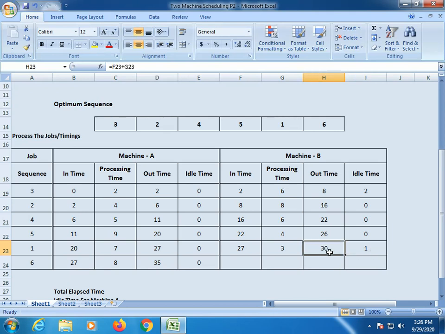Okay, here at 30 hour the machine is ready, but at 30 hour we don't have a job to perform. So what do we have to do? We have to wait for the job. The job will be completed at 35th hour.